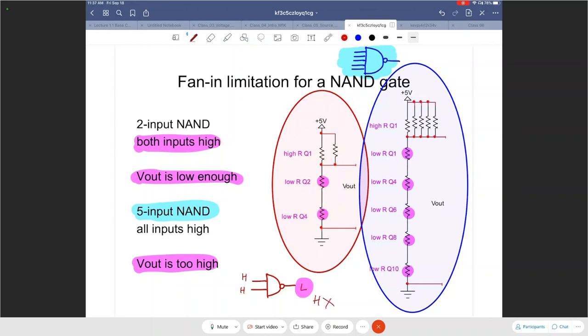It's a NAND gate, so when the inputs are all high, you want the output to be low. This happens only when the inputs are high, but it is one of the combinations, so I have to include that in my design. What could happen if I have more and more inputs to the logic gate?